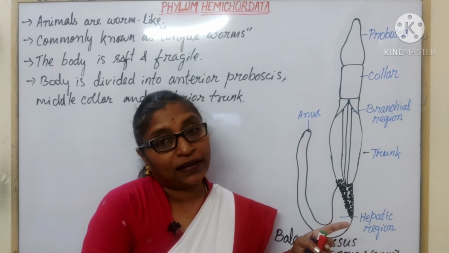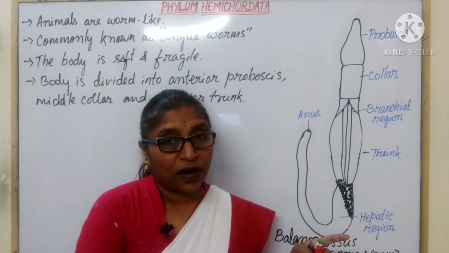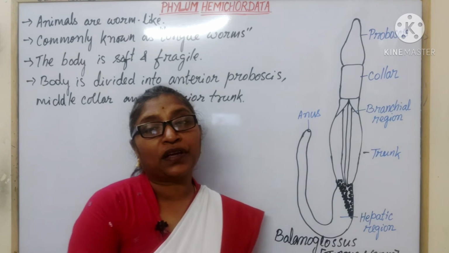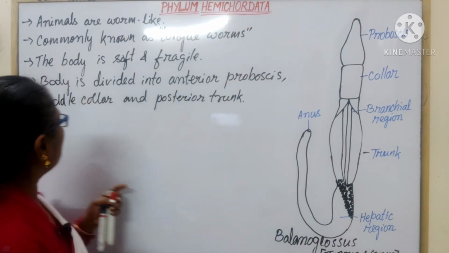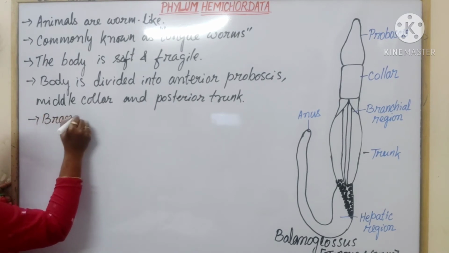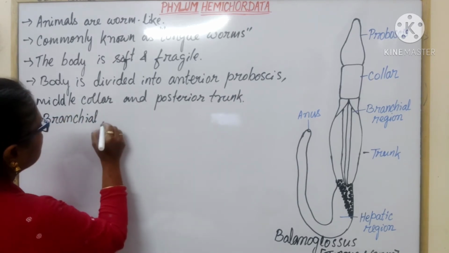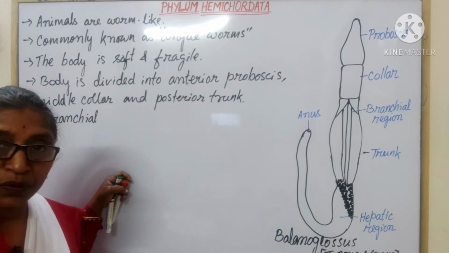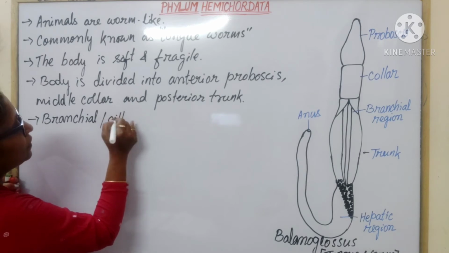This hemichordata name is so because of the presence of some chordata characteristics, similar to the primitive chordates. Branchial means related to gill.